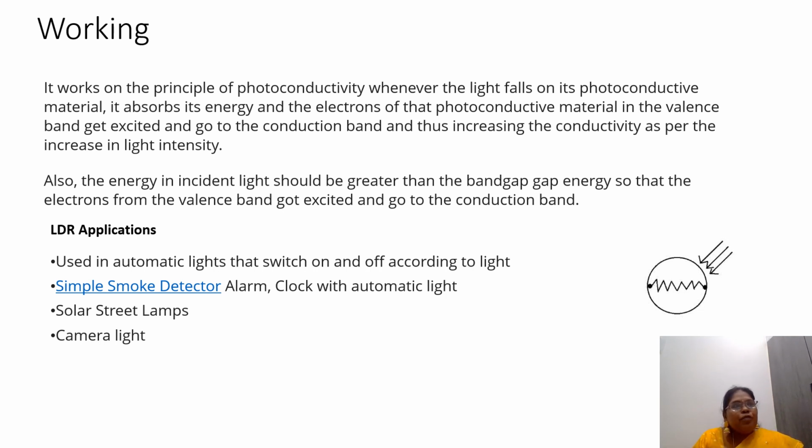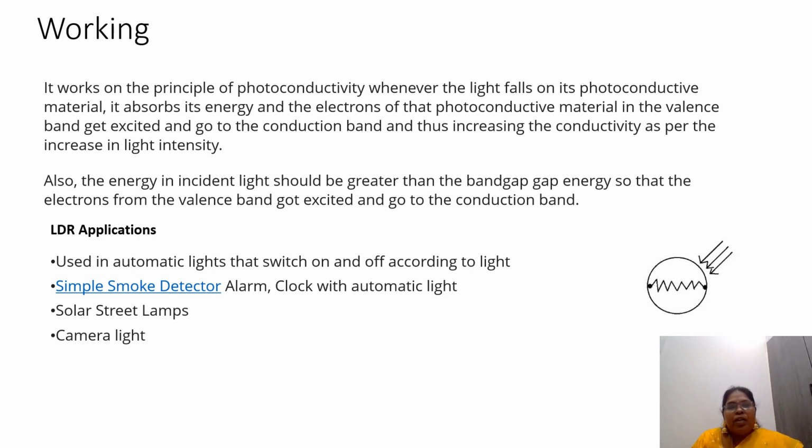So it works on the principle of photoconductivity. Whenever light falls on the photoconductive material, like cadmium sulfide, it absorbs the energy, and the electrons get excited and move from the valence band to the conduction band. When they move from the valence to the conduction band, there will be a flow of electrons, that is, a current flow.